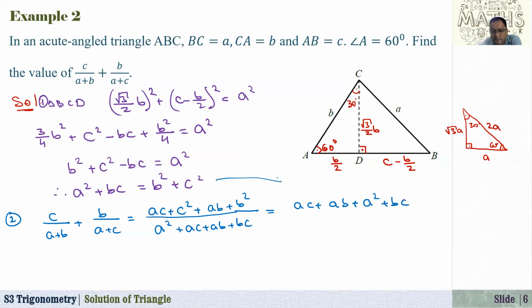I'm just using this expression here. Over, here we have, let me rewrite this one as AC and AB, and here we have A squared plus BC. I have just rearranged. See here, the numerator and denominator are the same expression, which is equal to 1. So the value of the given expression must be equal to 1 under the given conditions.